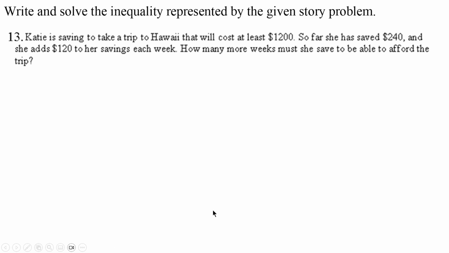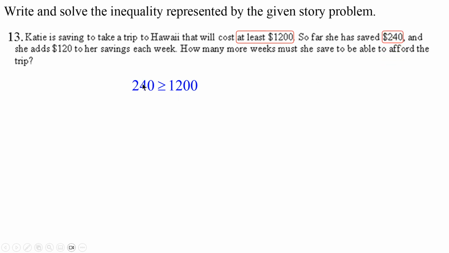Write and solve the inequality represented by the given story problem. Katie is saving to take a trip to Hawaii that will cost at least $1,200. So let's write down that $1,200, and we're saying at least $1,200. So at least, wouldn't that be greater than or equal to? So far she has saved $240.